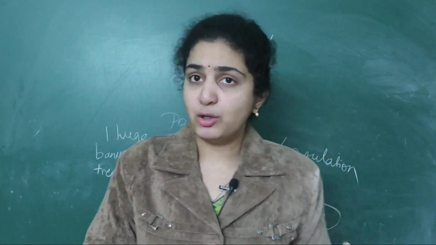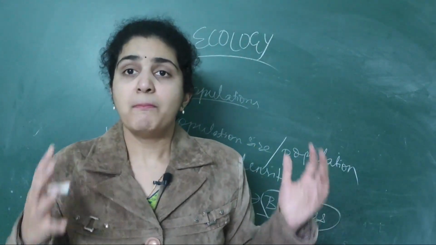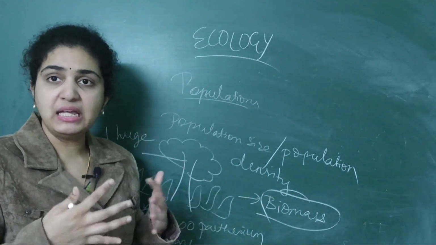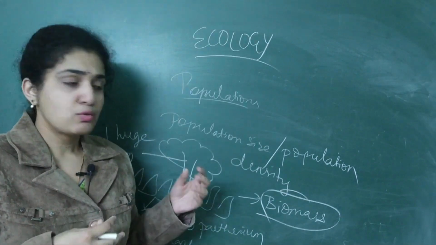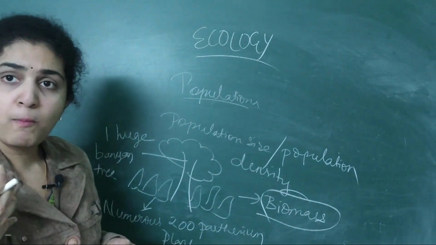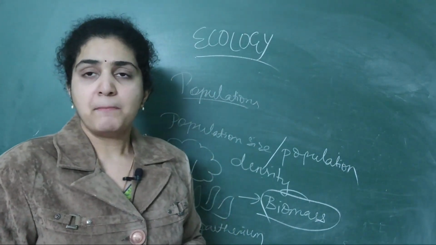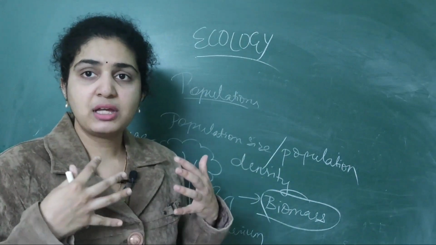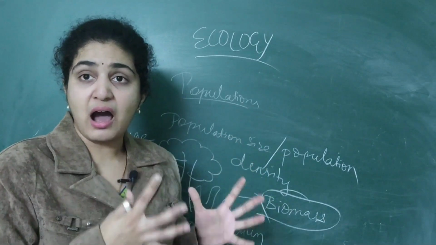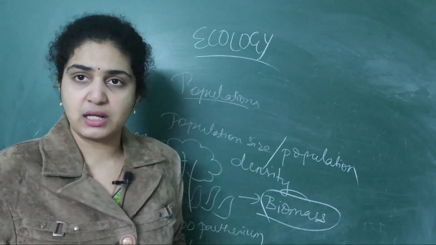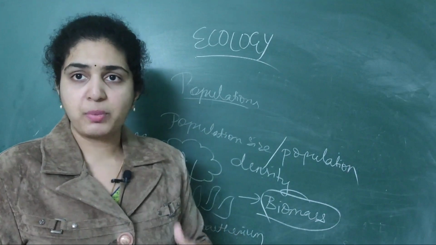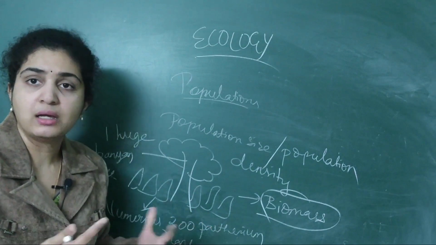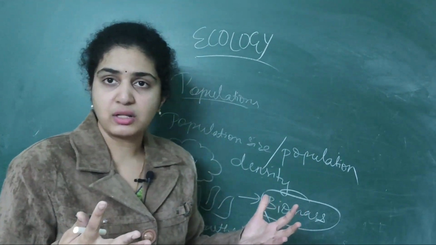But here biomass should be measured because a big banyan tree is present. Biomass means how large it is in size. Here that plays a very important role rather than the number of plants present. A single tree is present but so much area it is occupying. So much biomass is present for that plant.